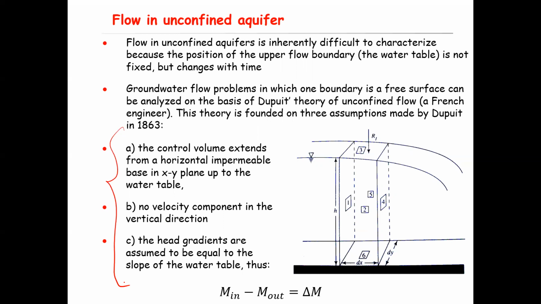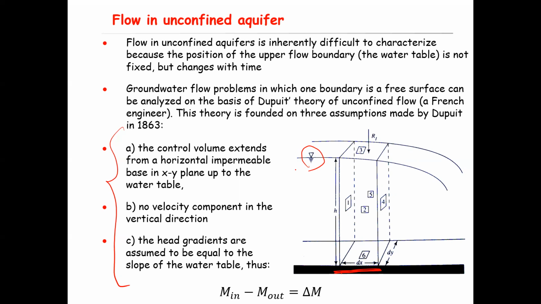The first assumption is that the control volume we consider extends from a horizontal impermeable base, like this black base here, in the XY plane up to the water table. This sign indicates the water table. So the control volume extends from the horizontal impermeable base to the water table. That's the first assumption.